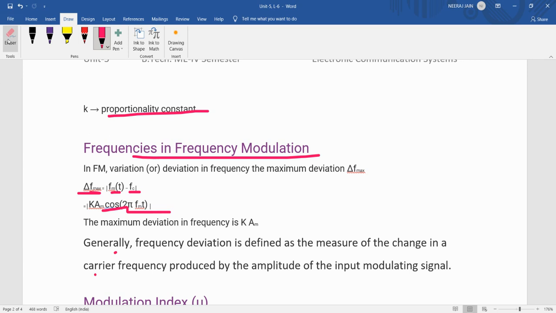So this deviation will be maximum when cos(2 pi fm t) is equal to 1. So the delta f maximum will be k Am.